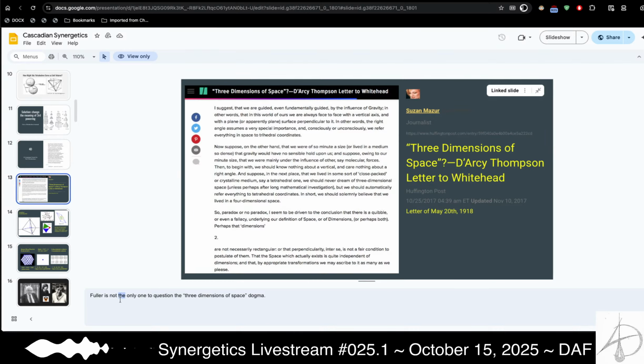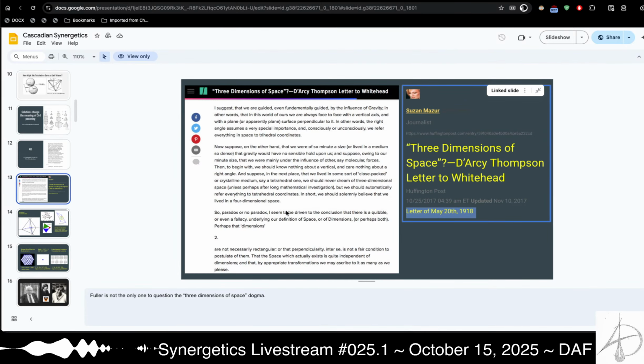Fuller is not the only one who has questioned this idea that space is three-dimensional. And so here is a letter from the morphologist D'Arcy Thompson to Whitehead that was written in May 1918. And it's an interesting letter to read. One of the things that he writes is, "Paradox or no paradox? Isn't that a paradox?